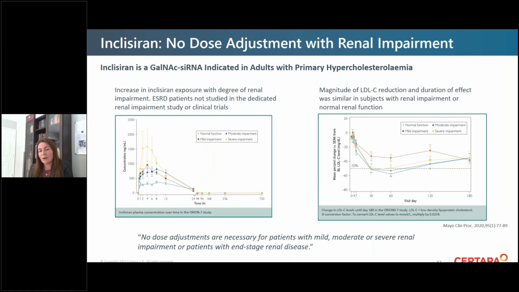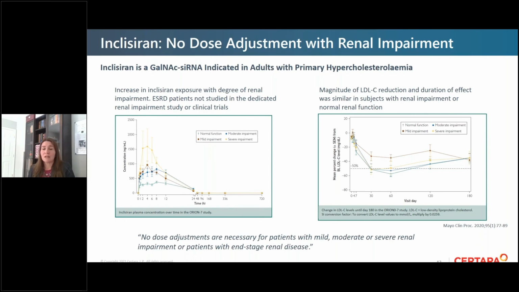However, if you look at the figure on the right, these are the LDL-C levels by different renal functions. Essentially, there was no significant difference in the PD response, in terms of reduction of LDL-C in the plasma, across the different renal impairment groups. So despite the higher exposures, the PD response did not change with the increase in inclisiran exposures due to renal impairment.